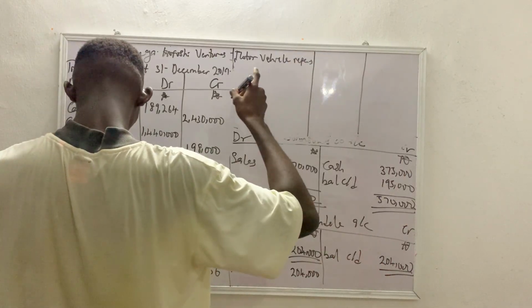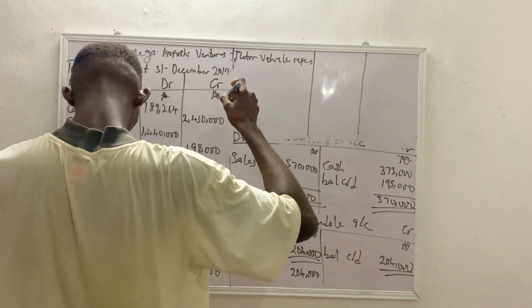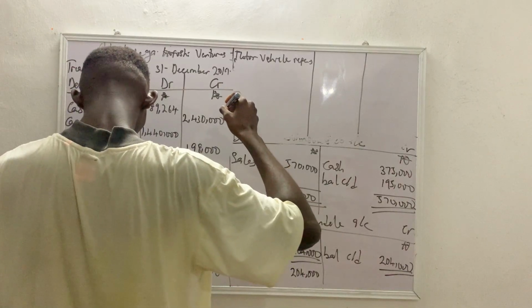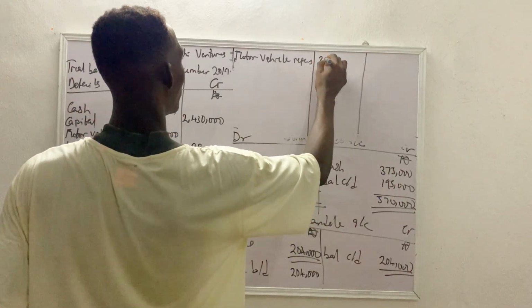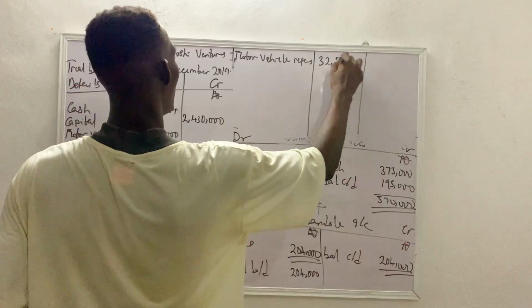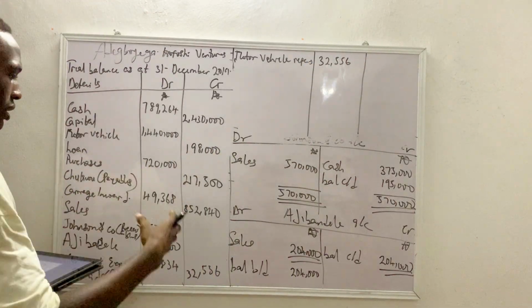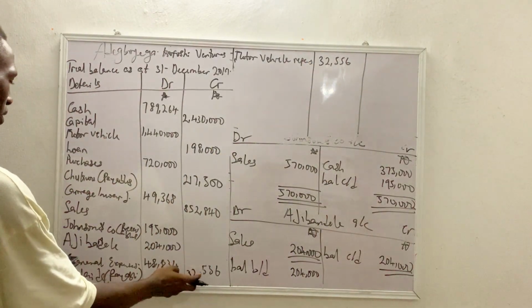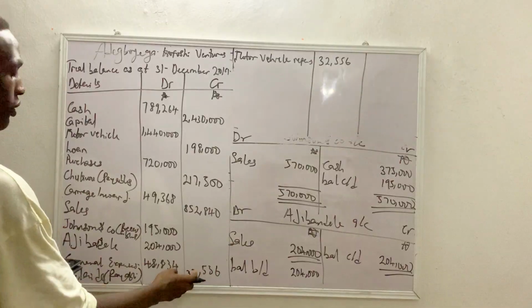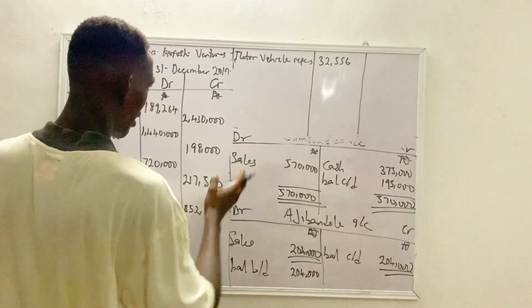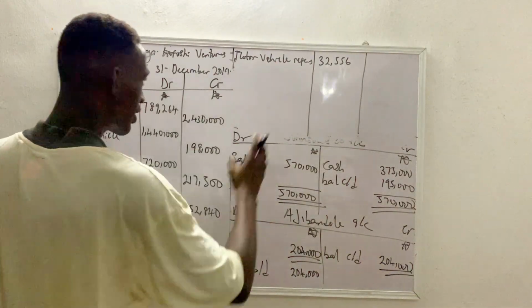Motor vehicle repair, which is an expense, 32,556, the same amount. If you observe the trial balance, the ledger account, this was the amount that we got on credit from, that we charged for the service, and this is the same service. So that's the corresponding entry.